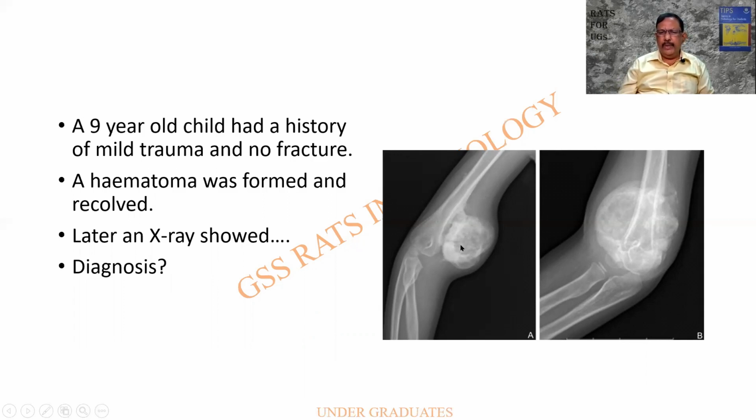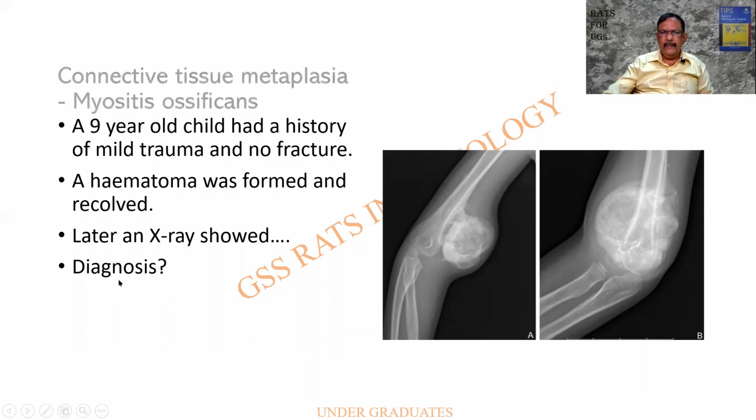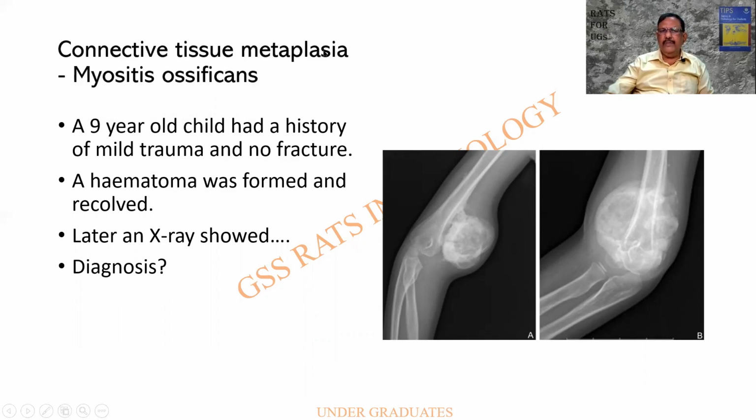I had explained to you people under calcification, opacity is only because of bone or calcium. And this is what is the diagnosis? It is a connective tissue metaplasia called myositis ossificans. Myositis ossificans. This is a classical example.